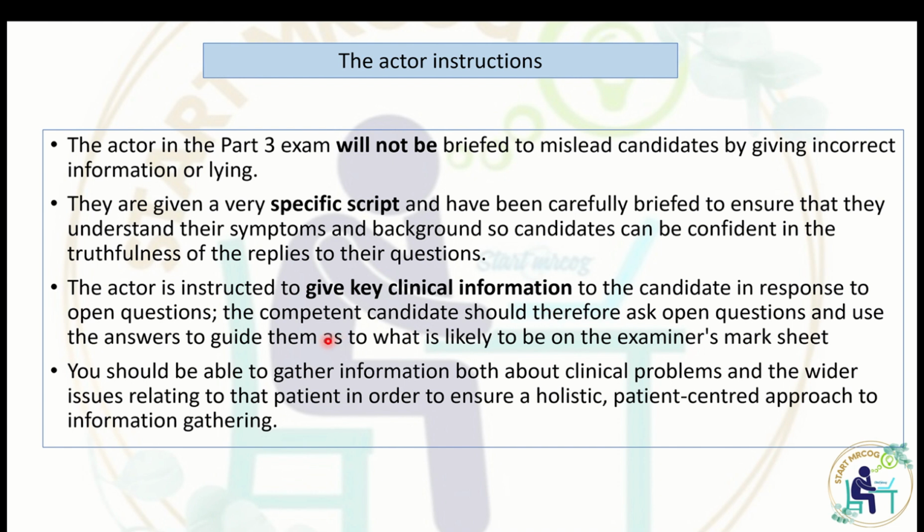And then the competent candidate should therefore ask open questions and use the answers to guide them as to what is likely to be on the examiner's mark sheet. You should be able to gather information both about clinical problems and wider issues relating to that patient in order to ensure a holistic, patient-centered approach to information gathering.